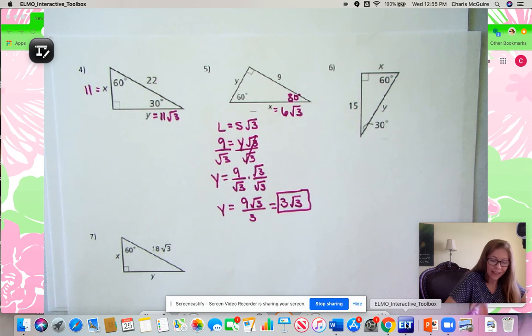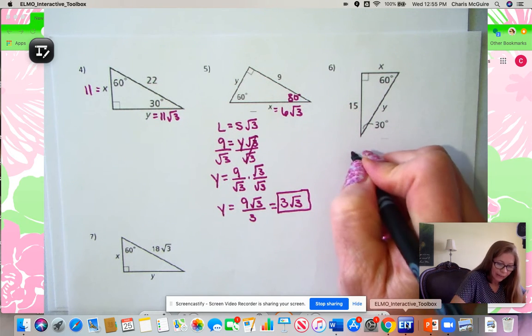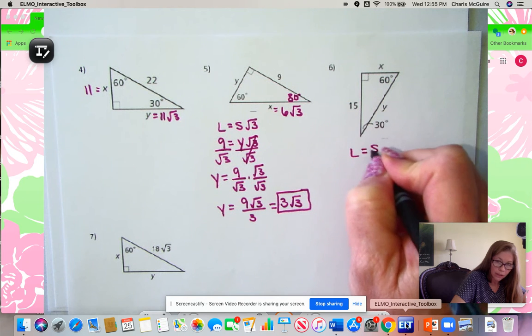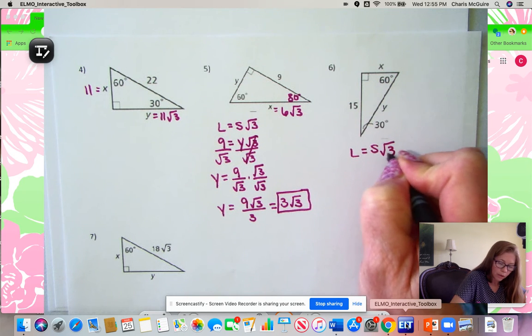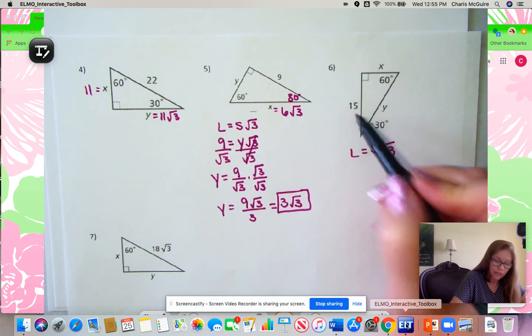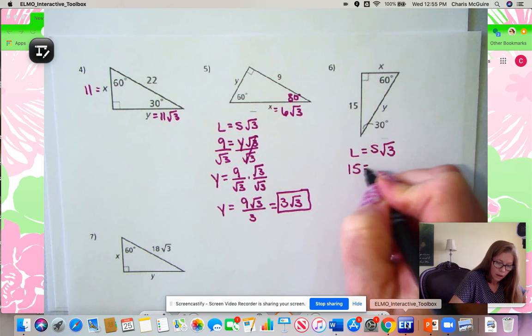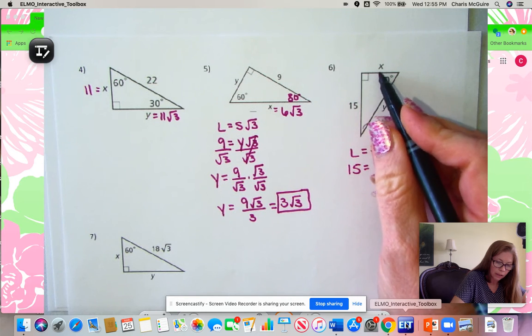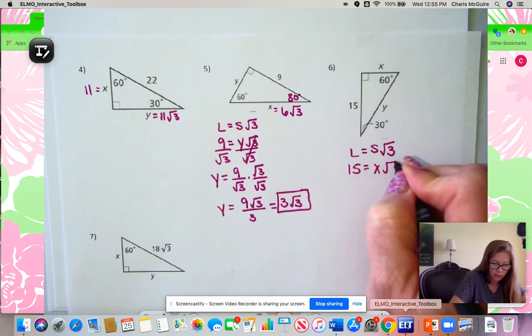All right, to find x, we're going to do the same thing we did in the last problem, and I'm going to use my formula until I get really good at this. So the long leg equals the short side times the square root of 3. Our long leg this time is the 15. And our short side opposite the 30 is the x.